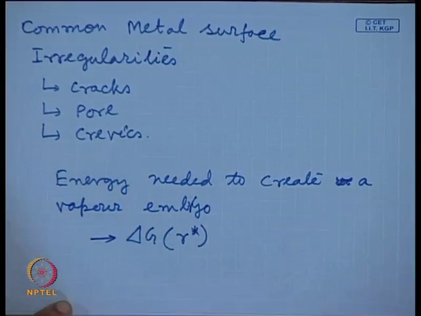So, energy needed to create a vapor embryo is given by delta G, which is a function of r star.